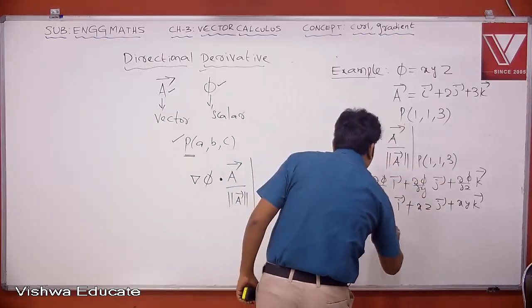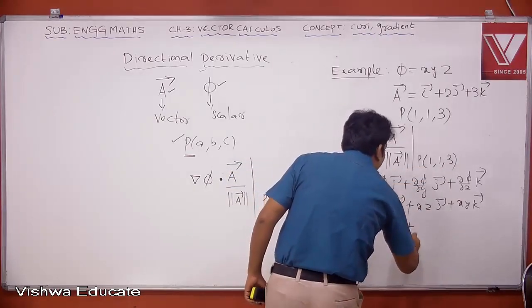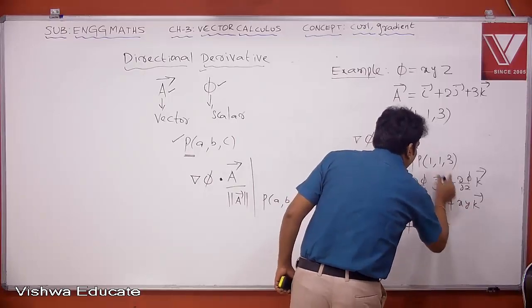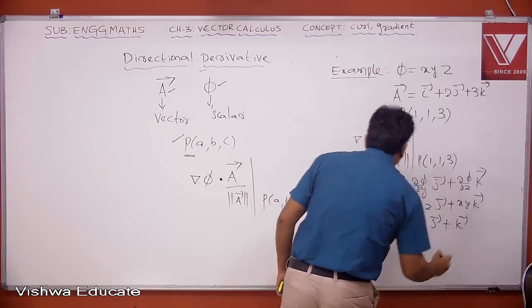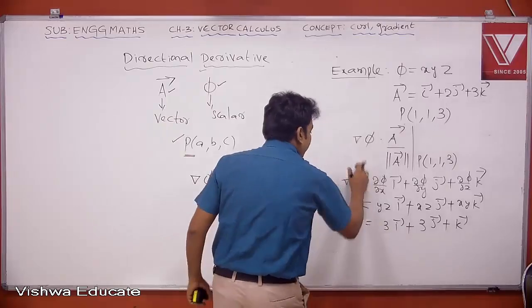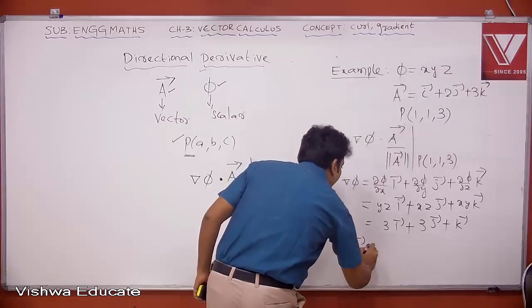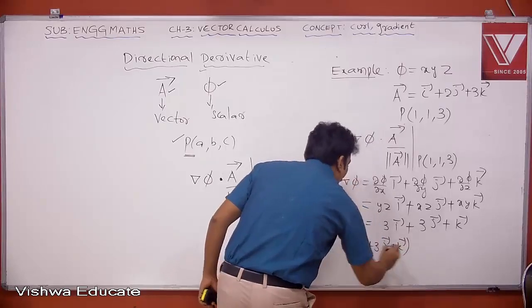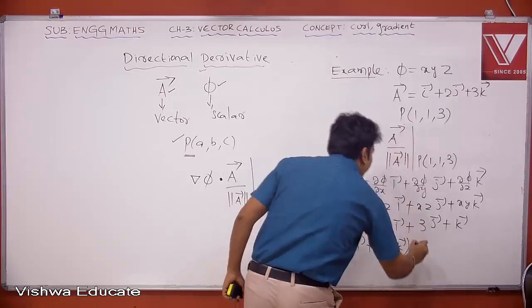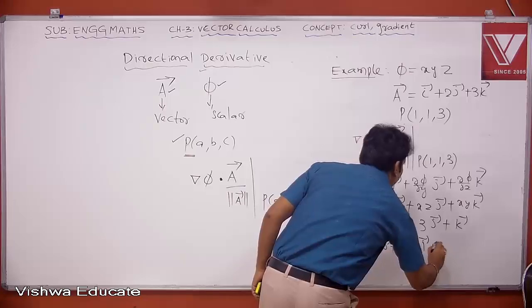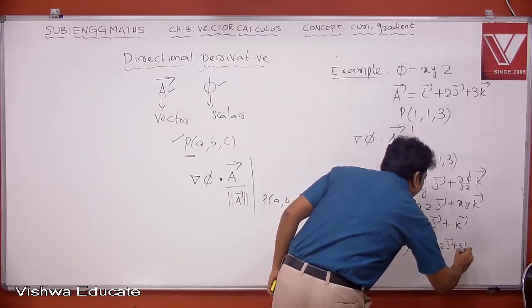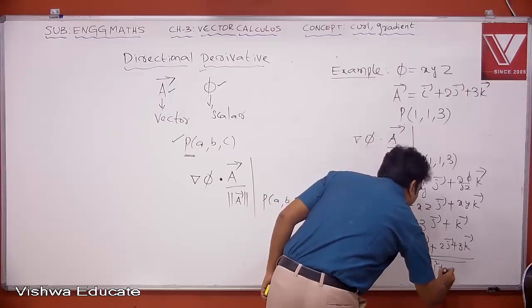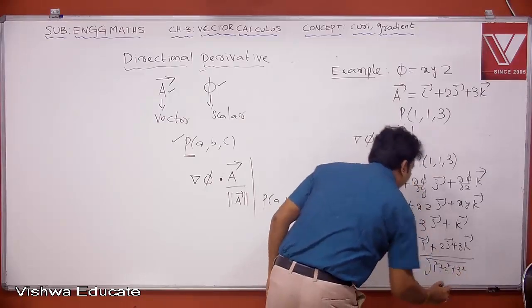So therefore this is 3i bar plus 3j bar plus k bar, dot product A bar, which is i bar plus 2j bar plus 3k bar, divided by its length, which is the square root of 1 squared plus 2 squared plus 3 squared.